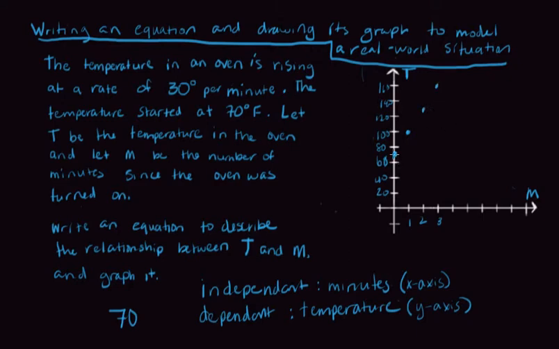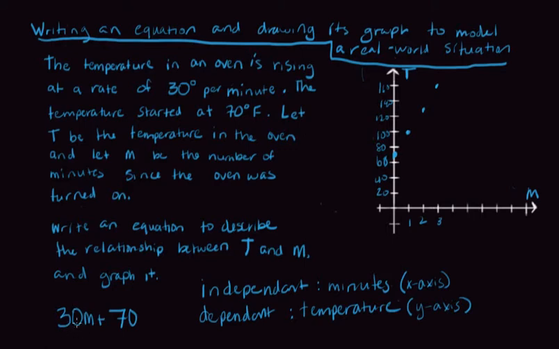So you might start recognizing this. Every time we go over 1, we go up 30, right? So that makes 30 our slope. Or another way of saying that is we add 30 degrees for every minute. We add 30 degrees to the original 70. So every time we add 1 more minute, we add 30 degrees. And so repeated addition, we represent that using multiplication.